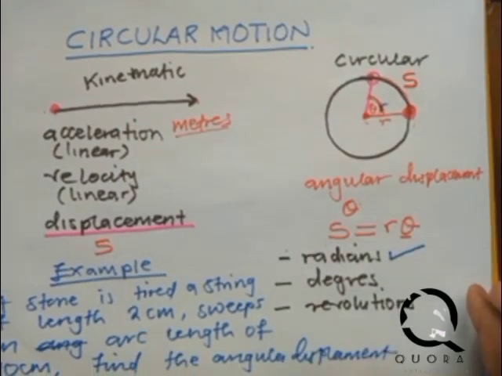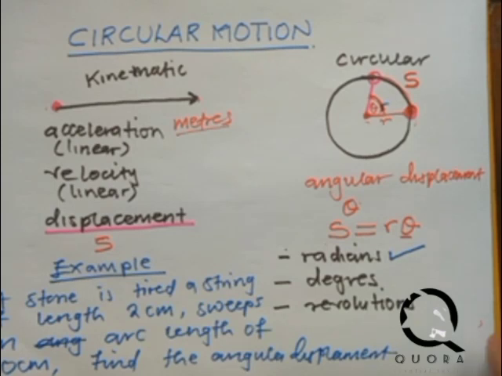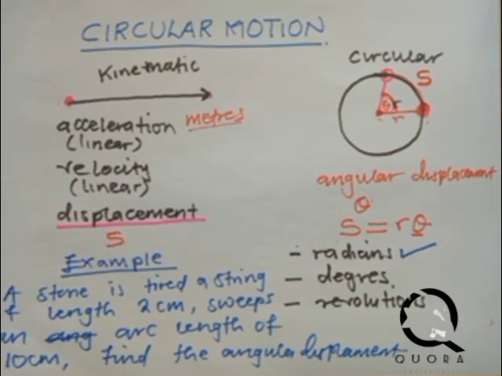Okay, so whenever a question has come like this, what are the things you are supposed to be doing? A stone is tied to a string of length 2 centimeters, it sweeps an arc length of 10 centimeters, and they are saying find the angular displacement.